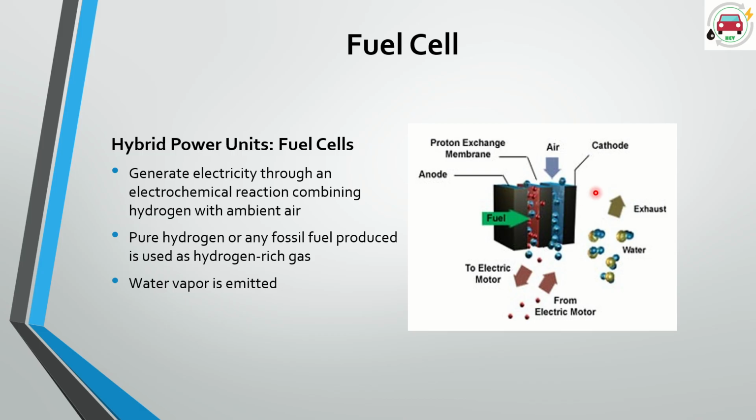So we have the intake here, and here we have the hydrogen fuel. Here the anode and cathode are used, and with the help of the reaction, the proton exchange membrane is given over here, which is the responsible factor for generating the electricity inside.